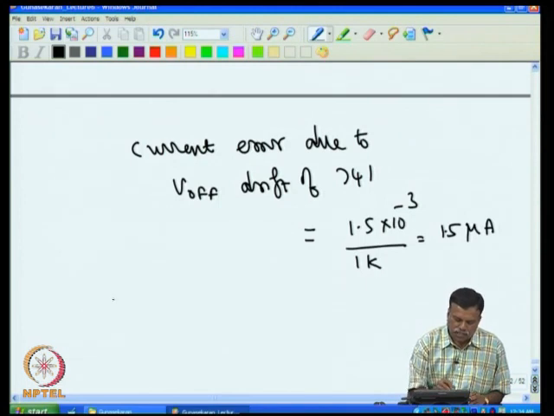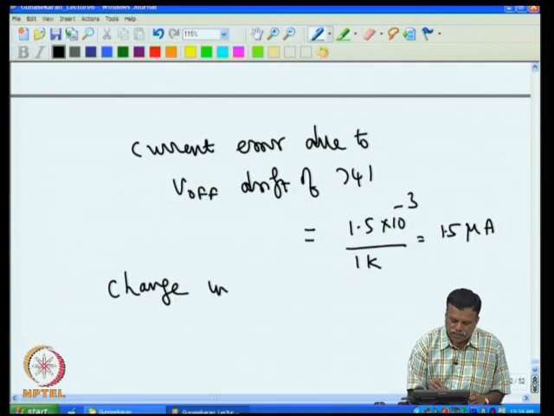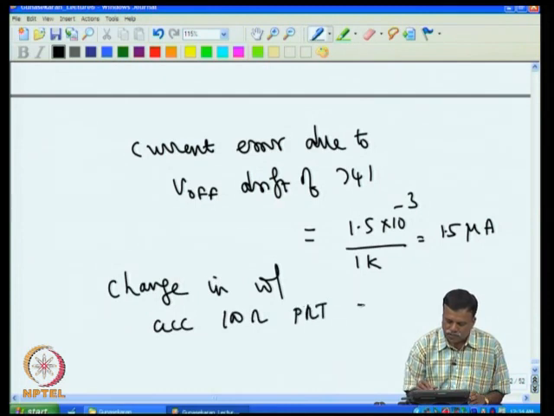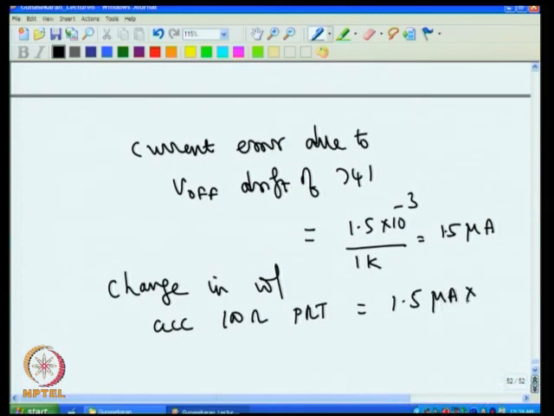So the change in voltage across the 100 ohm PRT will be 1.5 microampere into the resistance value 100 ohms, that will be 150 microvolt.